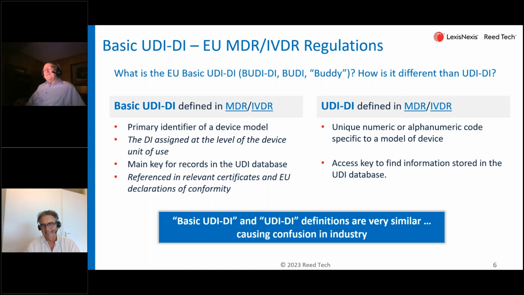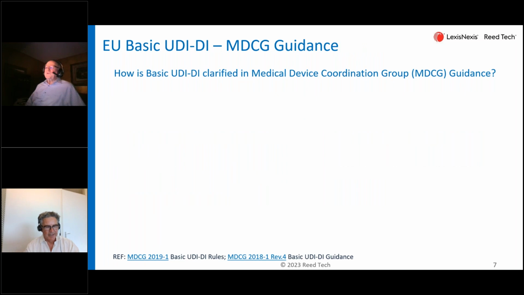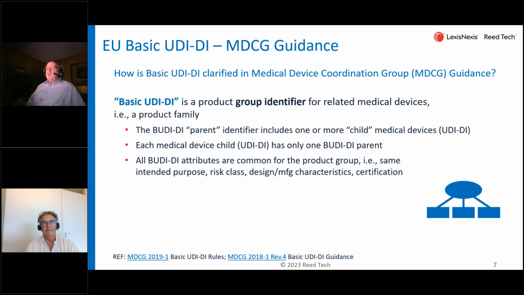Thank you, Ronald. There is some additional information that is put out by the Medical Device Coordination Group, the MDCG. There's lots of guidance there. There's a couple particular ones that have to do with basic UDI. Do you want to highlight some additional insights that we find in those guidance documents?